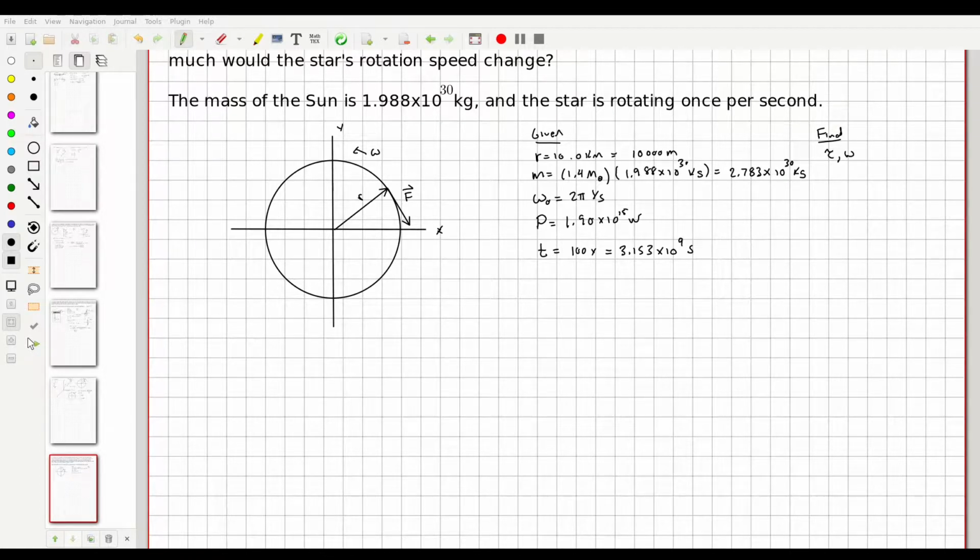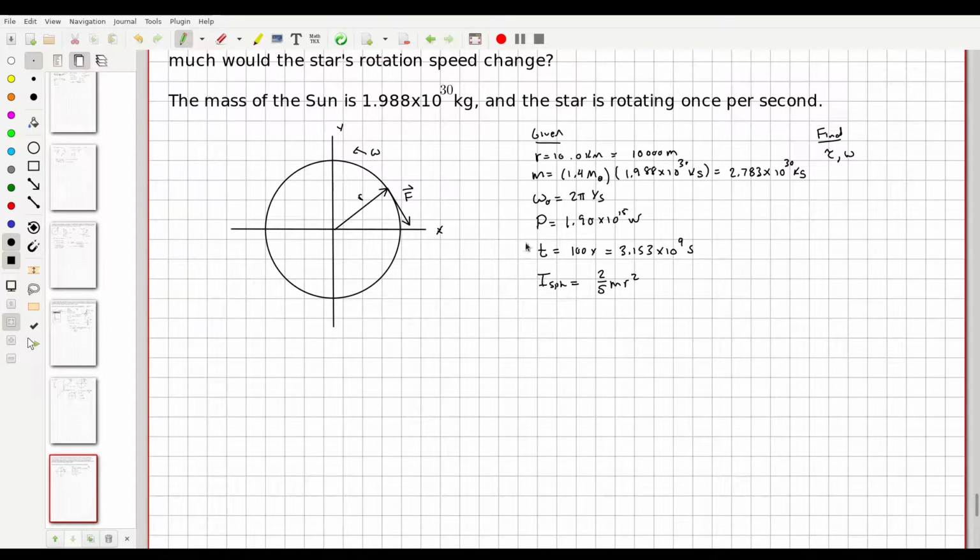Scroll in, here we go. Yep, a solid sphere about any diameter is 2/5. So we know an I for a sphere of 2/5 mr squared.